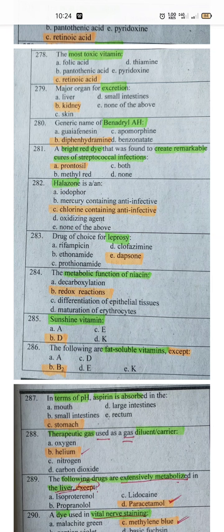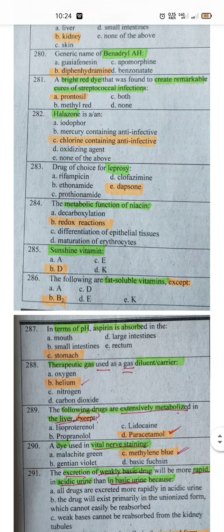282, halazone is a chlorine-containing anti-infective. Its sodium salt is used to disinfect drinking water. 283, the drug of choice for leprosy is your dapsone.